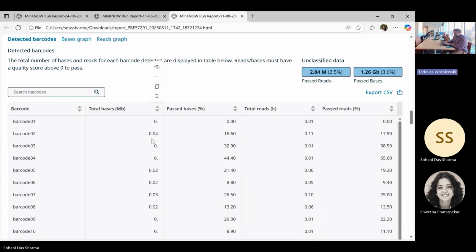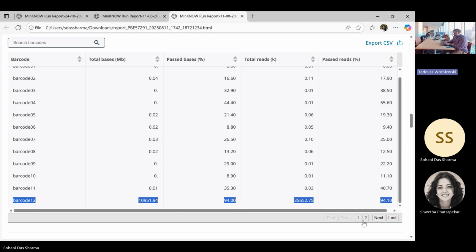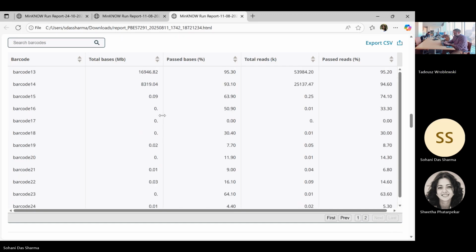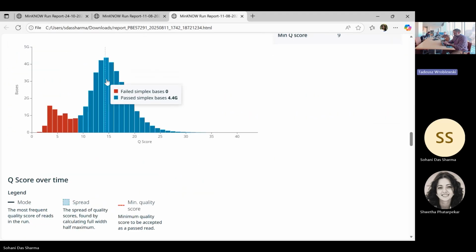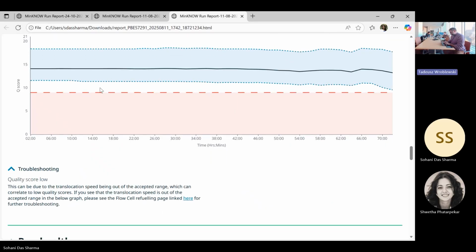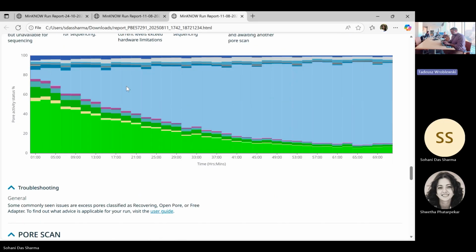Maybe the next page. This is 24. Okay, maybe you're right. No, 3. 15, that's the median Q. Very similar to our plasma. Yeah, very similar.